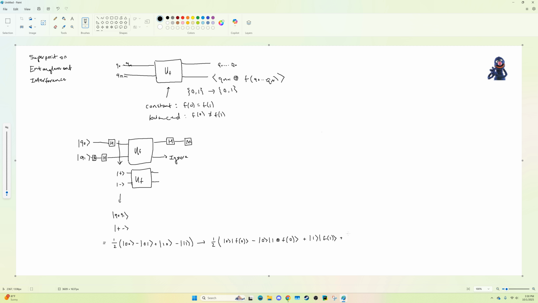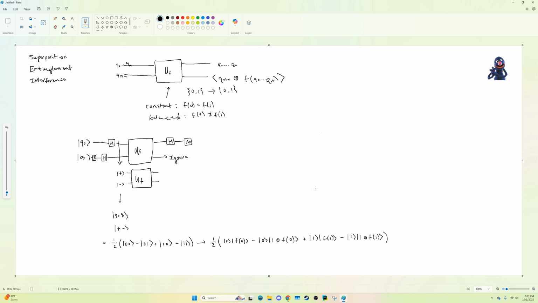And then we're finally going to subtract, because we have to keep the same sign as right here. We have minus ket 1, and then we have 1 XOR f of 1. Okay, so this is the state after passing through the oracle function.